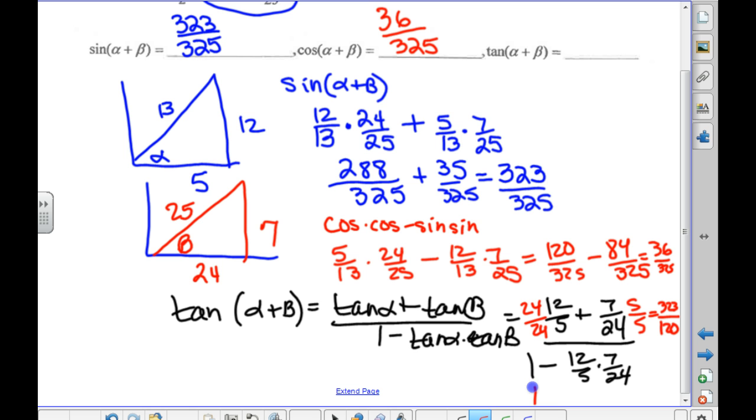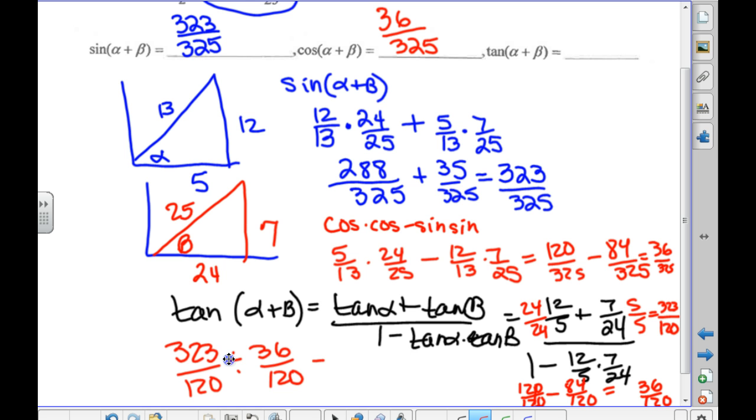Down in the denominator, I have 1 minus 84 over 120. 1 is 120 over 120. What is 120 minus 84? 36 over 120. So I ended up with 323 over 120 being divided by 36 over 120. What happens? We flip the second one over. We end up with 323 divided by 36. Anyone have a reason why it came out like that?